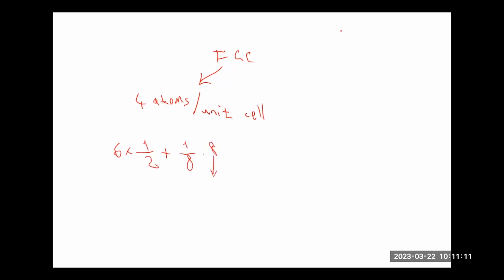So this is the number of corners of the unit cell and the number of faces. What else? In total, we have 4. What else?